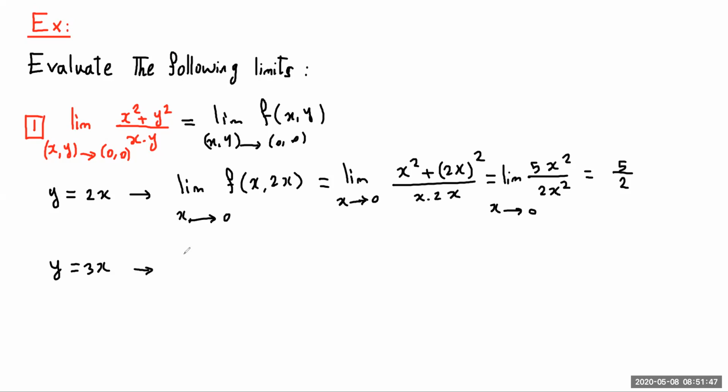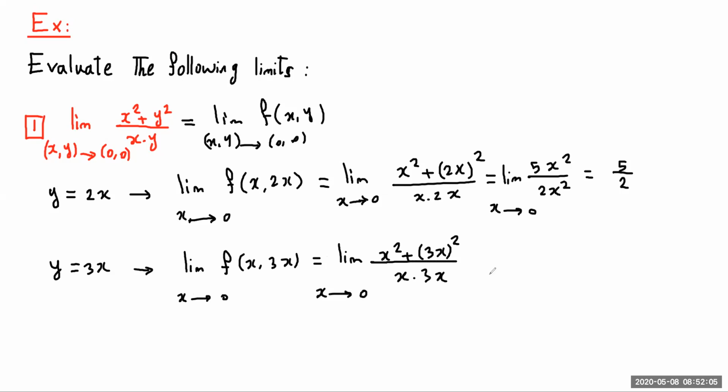So it will be the limit of f(x, 3x) when x approaches 0, which is equal to the limit of (x² + (3x)²) over x times 3x when x approaches 0. So 9 plus 1, it's 10, the limit of 10x² over 3x² when x approaches 0. So it's 10 over 3.